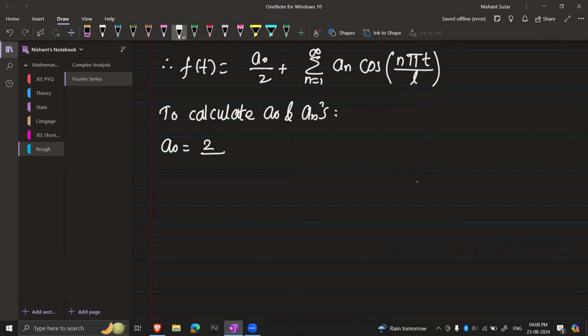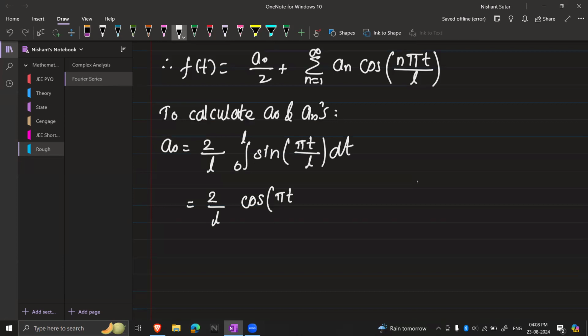By definition, it is 2 by L integral 0 to L sine of pi t upon L dt, which is 2 by L times the integral of sine, minus cos of pi t upon L into 1 upon pi by L, in the range 0 to L, because integral of sine x is minus cos x.